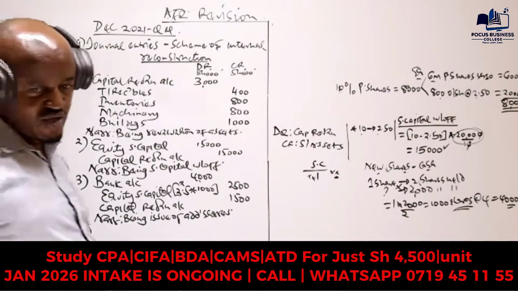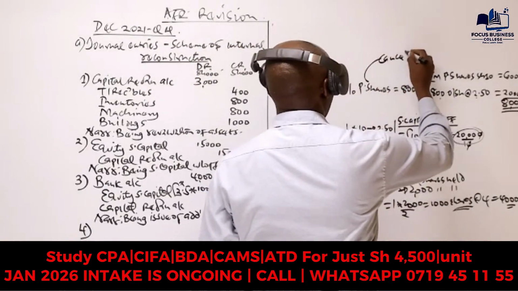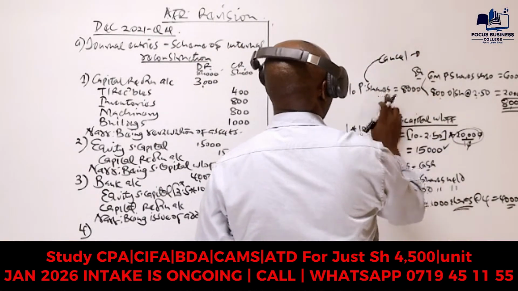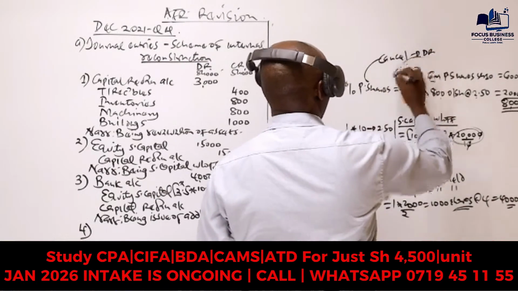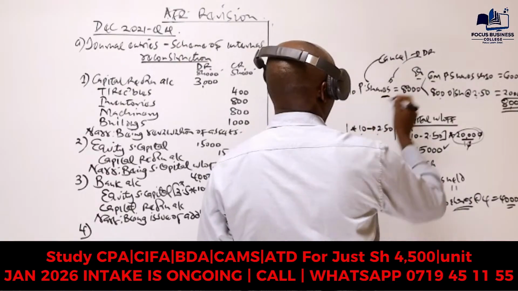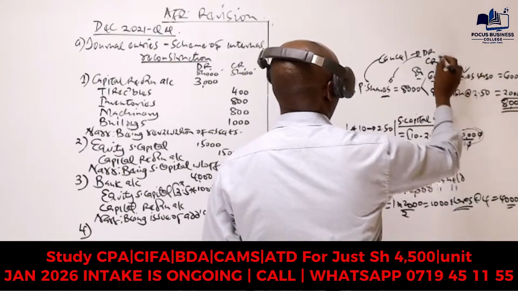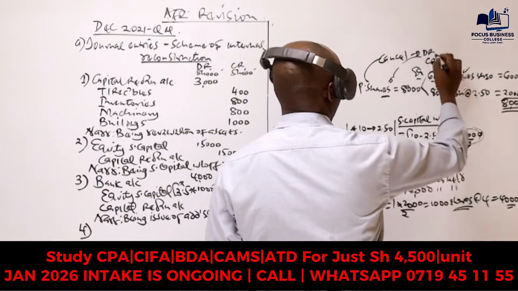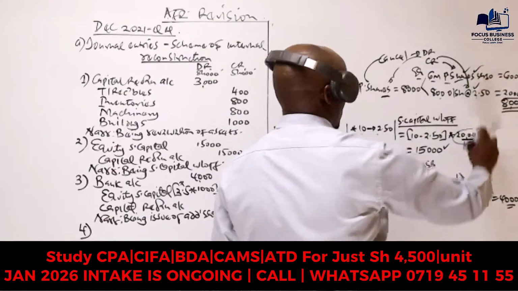Now, what we need to do here is, number one, we cancel these shares. How do we cancel them? Remember, this account has a credit balance. So to cancel this, we will debit this account, and we also debit for the new preference shares which were issued, and credit the ordinary share capital.